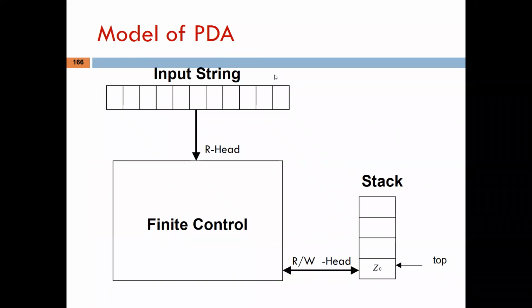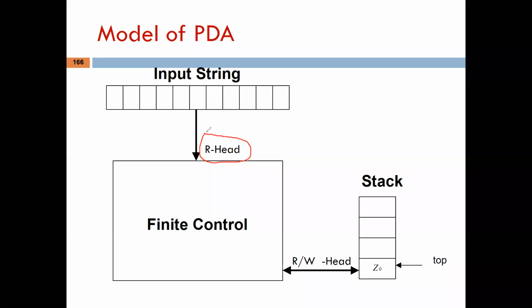The first head is only used for reading purpose, that is, to read the input alphabet from the input tape, right? And the second head is responsible to pop out the data from the stack. ये यहाँ से क्या करेगा? Data को pop out करेगा. Pop out means वहां से हटा देगा और कहां दे देगा? आपको ट्रांजिशन को देगा. So how can the transition be performed?